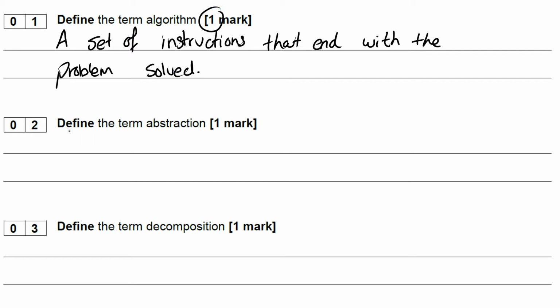Now we've got the word define again, and this time we're looking at abstraction. So abstraction, again, it's 1 mark, so I've got to bear that in mind. Just want a simple, sharp, to the point answer.